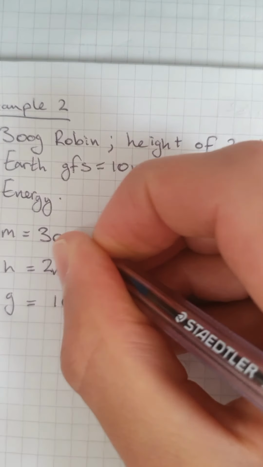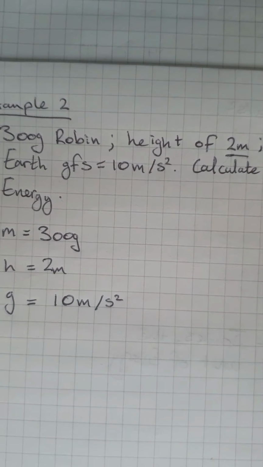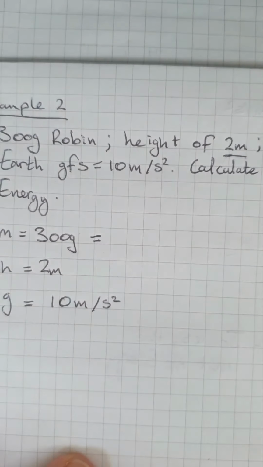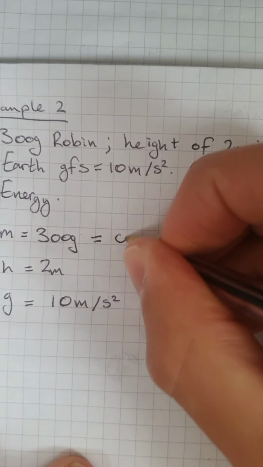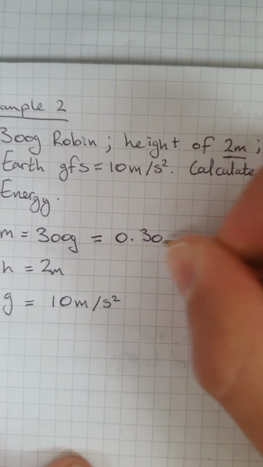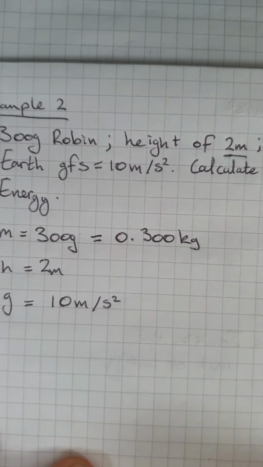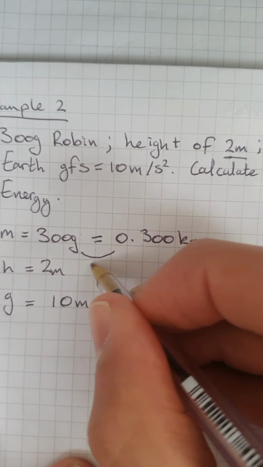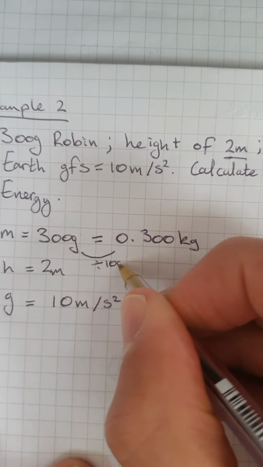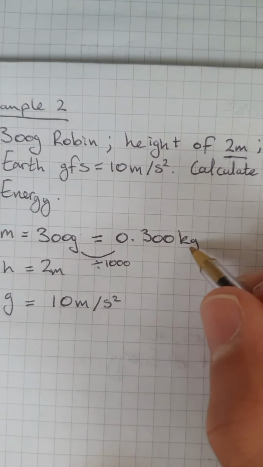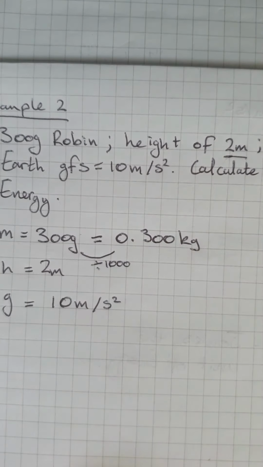Now, just a second ago I said that we had to make sure that our mass is always in kilograms, so we need to convert from grams into kilograms. And to do that, you need to divide by 1,000. So 300 grams becomes 0.300 kilograms. Just make sure you note that difference, because this is something that most people trip up on.